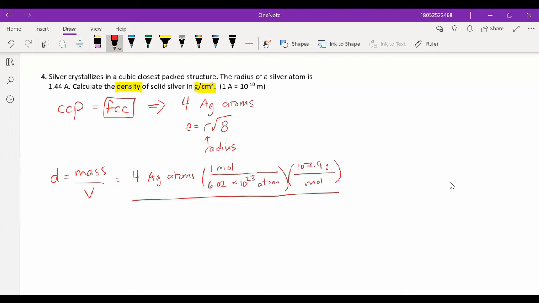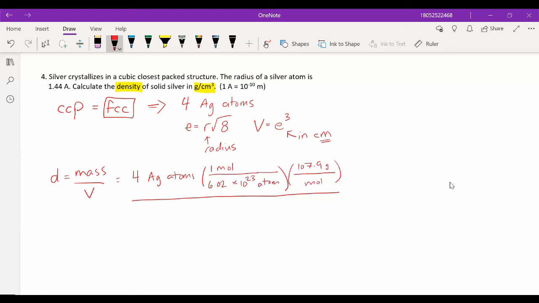Okay, so the radius times the square root of 8 gives us the edge length. The volume is the edge length cubed because these are all going to be cubes, so keep that in mind. And because we want this to be in centimeters before we cube it, because it's easier, we want to have the edge length in centimeters.